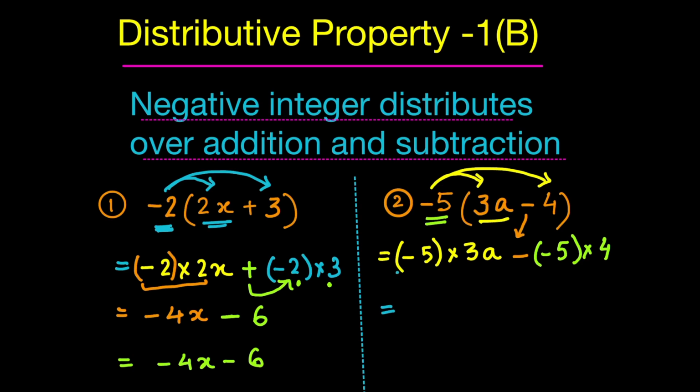Now this -5 times 3 is your -15 and times this a. Then we see here this sign. So this minus and minus when multiplied, we get plus. Then we see the numbers, 5 times 4, which is 20. So we get the result -15a plus 20.